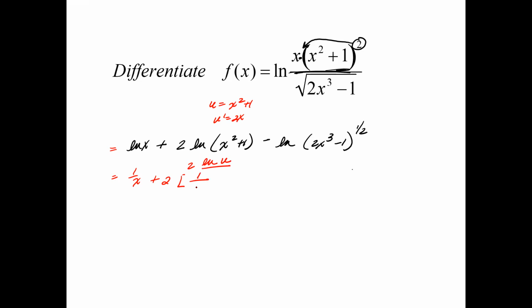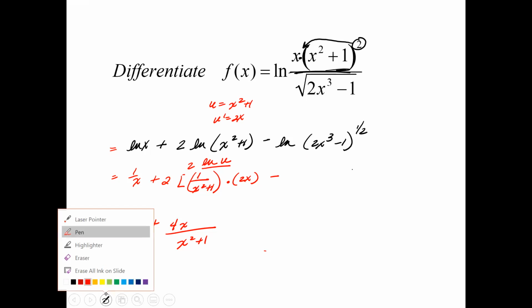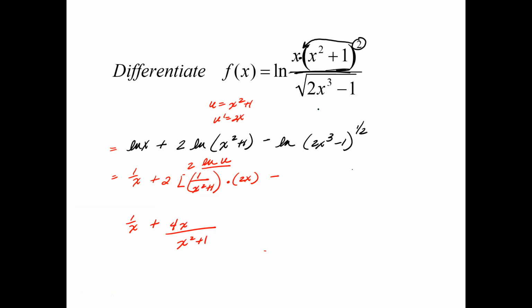It's 1 over u, which is x squared plus 1, times u prime, which is 2x. And if you want to clean this up a little bit, you have a 2 and a 2x right here, which gives you 4x over x squared plus 1. Okay, then minus, here you go, you're going to do another u substitution here with a derivative.